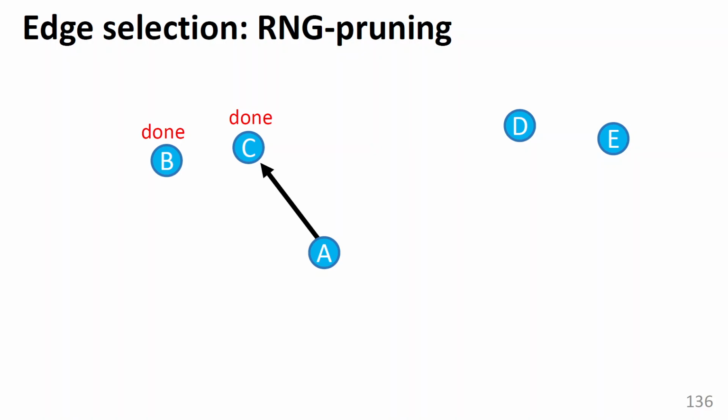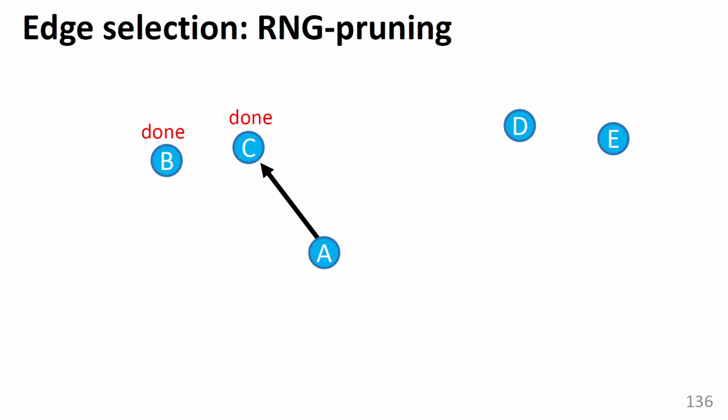The intuition is, since B and C are very close, maybe they already have an edge between them. Maybe, but it's not 100% sure. We just guess they have an edge between them.